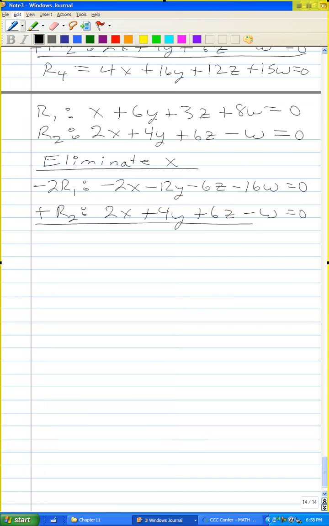So let's add these. The x's cancel. So I get negative 8y, z's cancel, minus 17w equals 0.